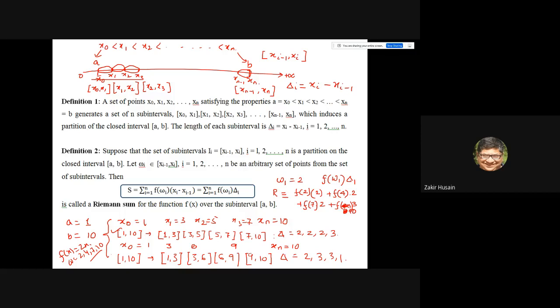I'm not telling you what omega is. So you can take any omega that you want. Will you get the same Riemann sum? No, sir. Yeah, unless you have the same omega, even if you have the same subpartitions, you're going to get different Riemann sums. Okay?